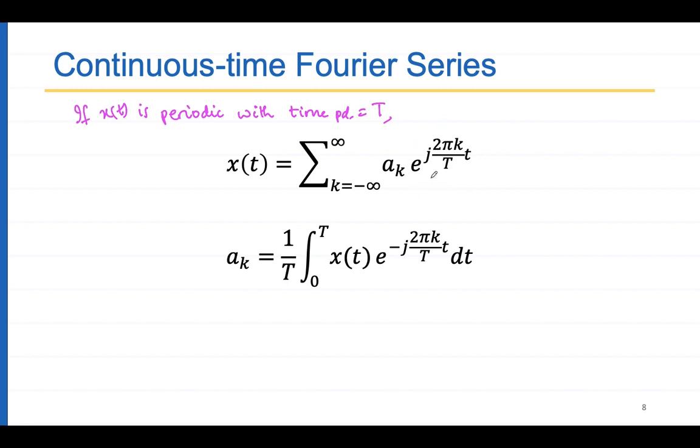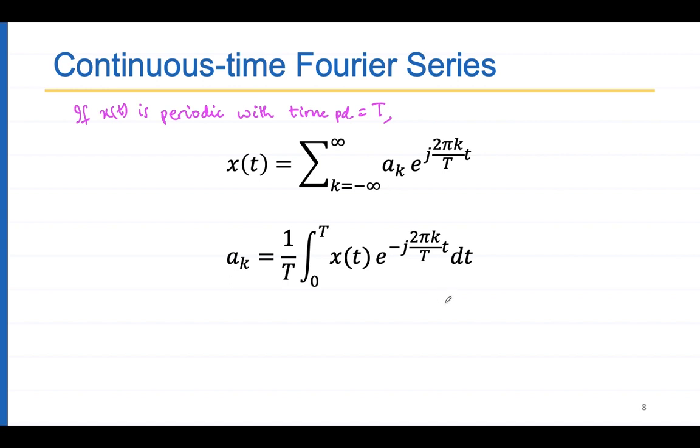This is a complex representation. If x(t) is a real signal, then of course this will be cos, because the positive and negative will cancel out, as you saw in the previous case. And how do you derive the value of each ak? You multiply x(t) with the complex conjugate of this term, and then integrate over the time period, and you get T times ak, so ak is just 1 upon T times that. This is how you derive the coefficients.